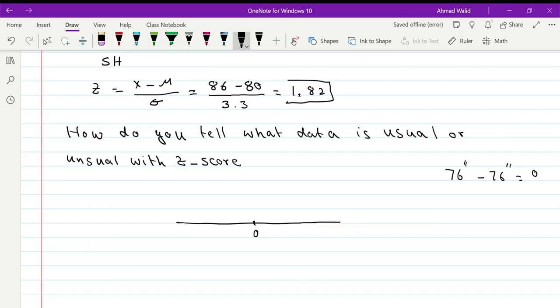Then remember, the z-score at the mean is always 0. Now, on this side, I get one standard deviation. On the left side, I get -1. Here, 2 standard deviations. Here, -2. Here, 3 standard deviations. Here, -3. Why negative? We are okay with z-score.